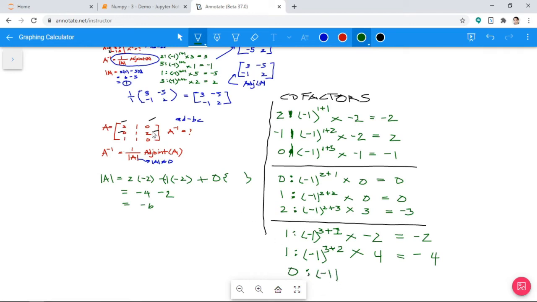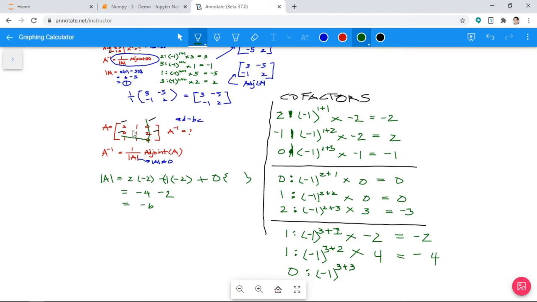So again, row 3, column 3. So this one is 3. Let me rewrite this again. Hard to write with a graphic tablet. So this one is 3. Okay, so plus 3. So we're here at the 0. So you isolate this one. Okay, so we have 2 times 1, which is AB.